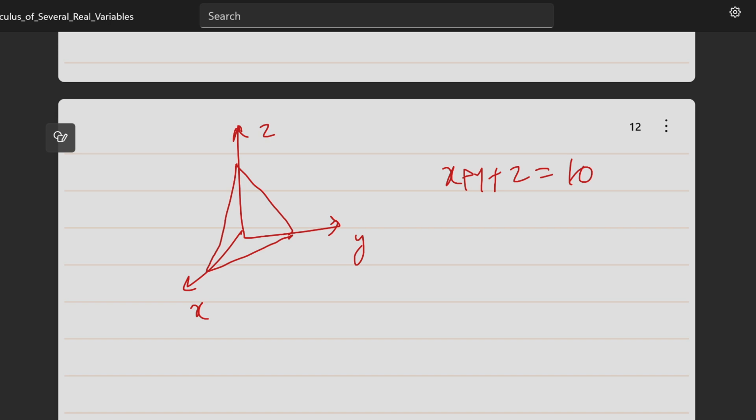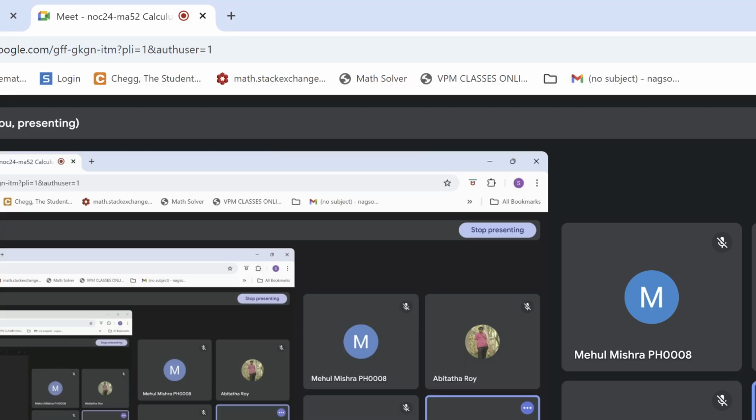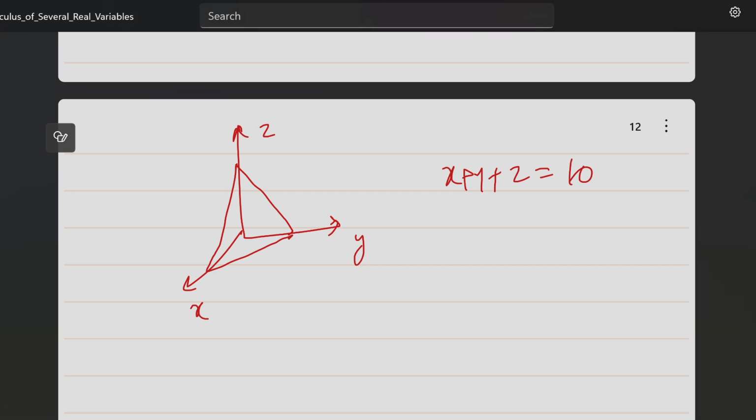I will move to something else, because I'm not solving any particular problem, so I am not drawing any graph, as I already solved problems. Okay, fine. Now I will tell something about line integral and surface integral conversion, that means the theorems: Stokes theorem, divergence theorem, and Green's theorem.